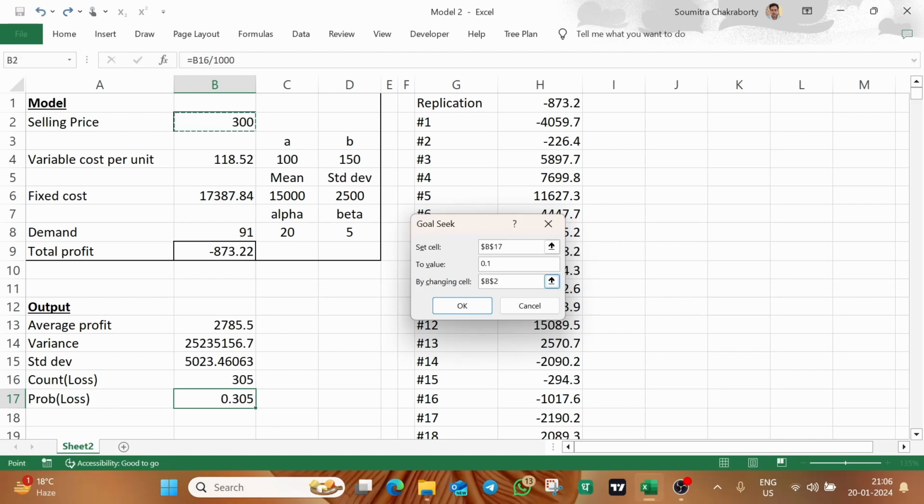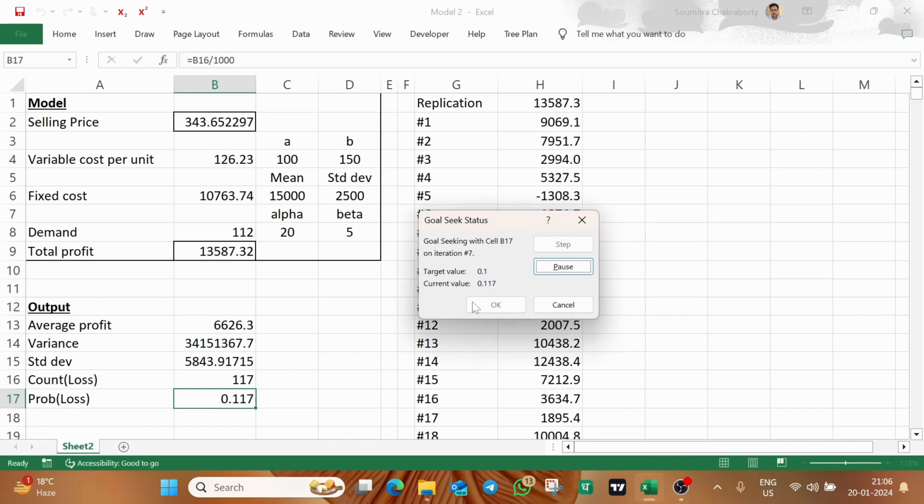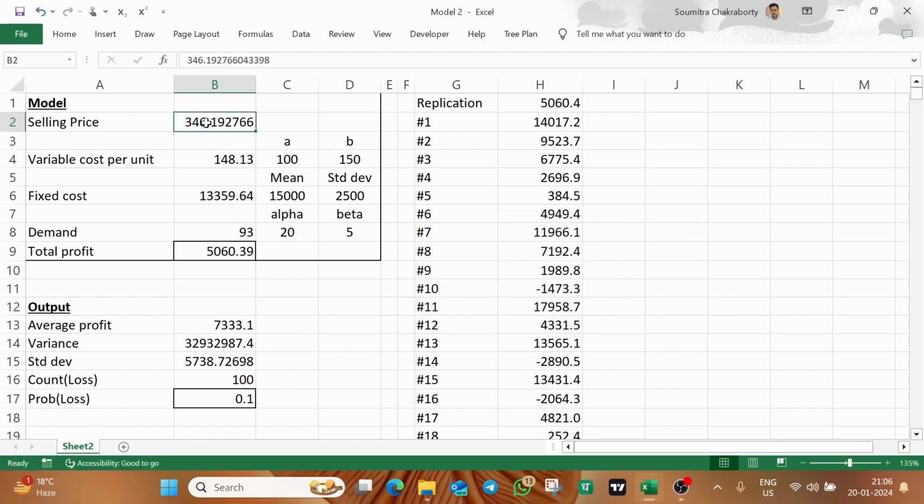So I will change B2 in order to make sure that the probability of loss is 0.1 or 10%. Then I will click OK. So now it is trying to calculate this. So see here, when my selling price is around 346, then my probability of loss is around 10% or 0.1, something like that.